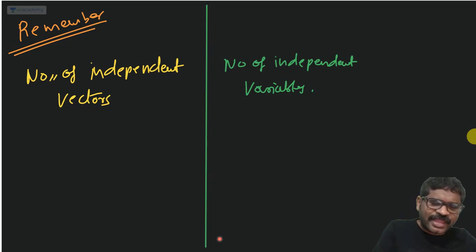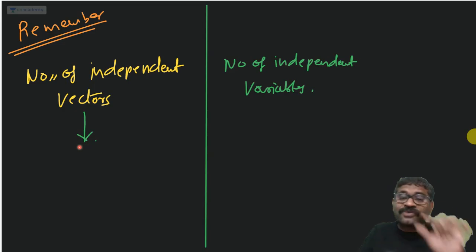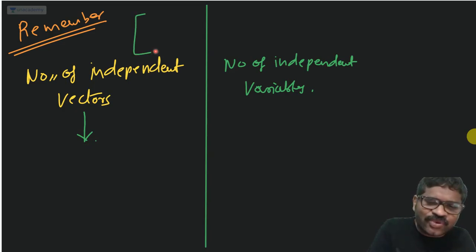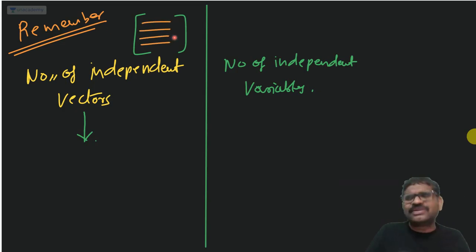Concentrate here. Number of independent vectors means how many independent vectors are in your matrix. A matrix is a collection of vectors. Whether row vectors or column vectors doesn't matter.